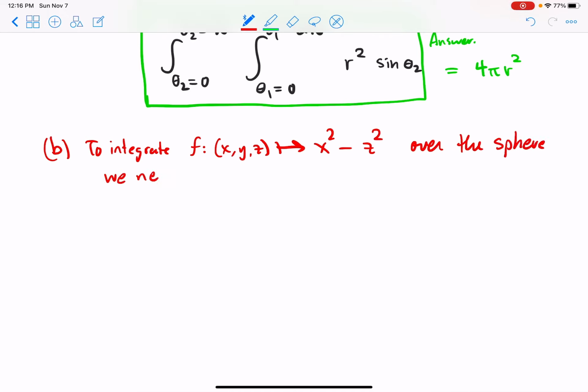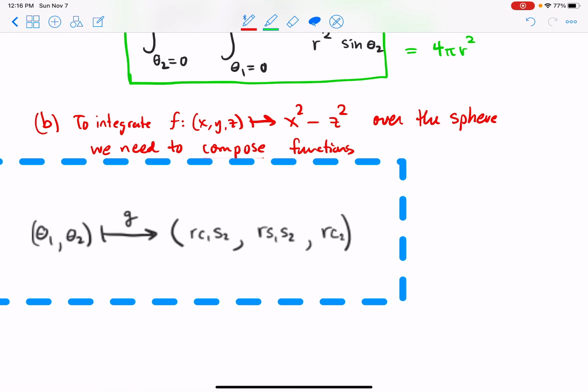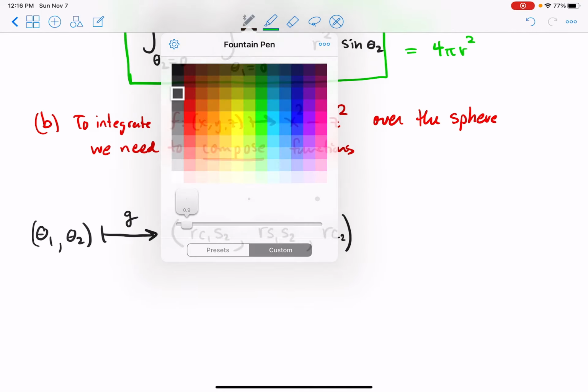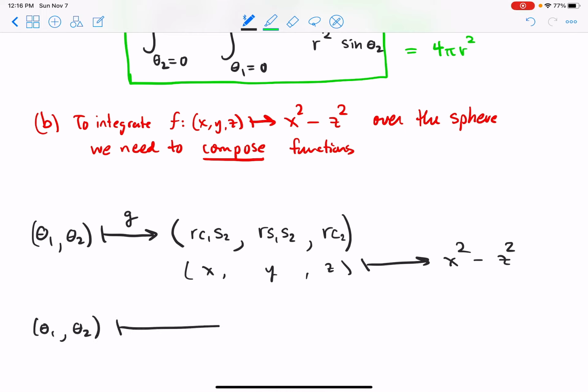We need to compose functions. And so we start with our parametrization map. And then we realize that this is x, y, z goes to x squared minus z squared. So we can form a new map that just goes all the way.